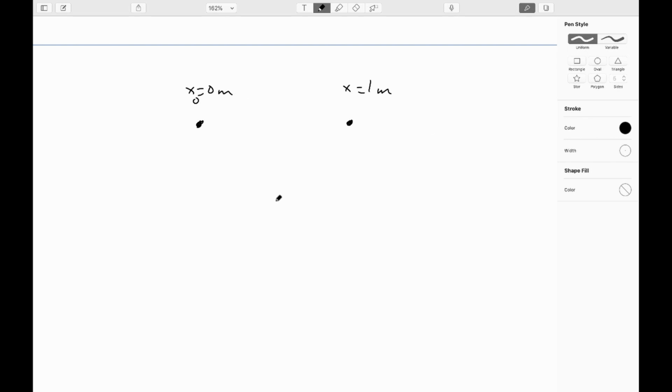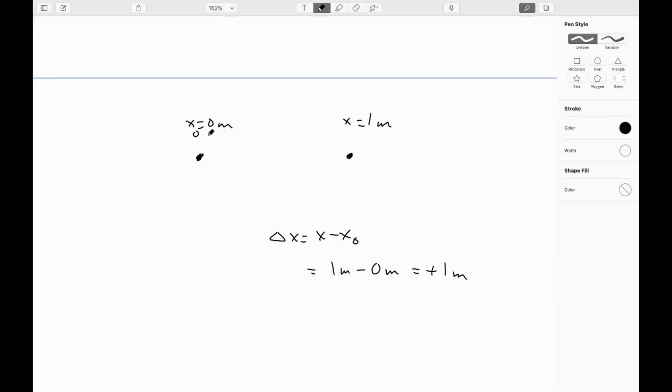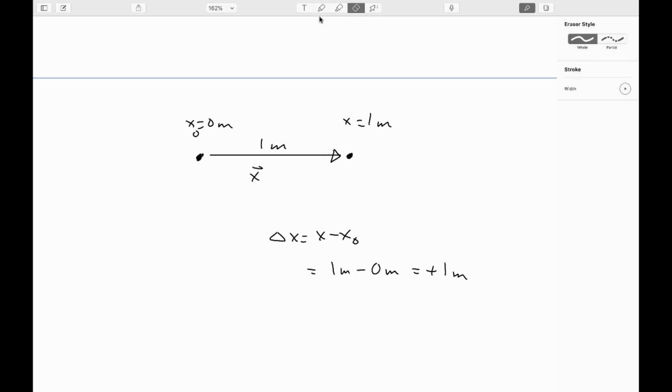So again, we can figure out the displacement, x minus x naught. That will be 1 meter minus 0 meters is +1 meter. So that would be telling me that my displacement was to the right, like so. And that this distance was 1 meter. Alrighty.